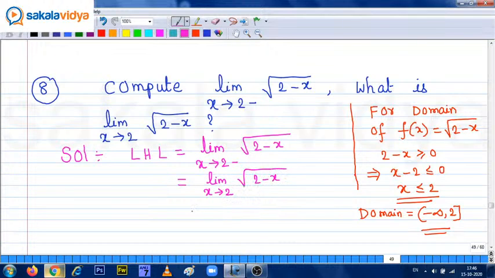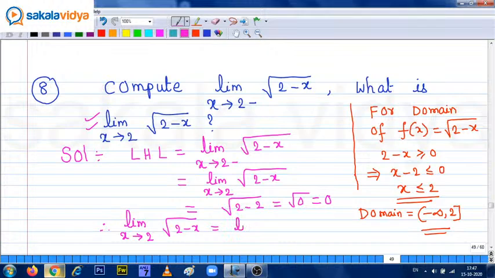Substitute the limit. Root of 2 minus 2, that will be root 0, which is 0. As the domain is x less than or equal to 2, therefore limit x tends to 2 of root of 2 minus x equals limit x tends to 2 minus root of 2 minus x, and that value is equal to 0. So the answer is 0.